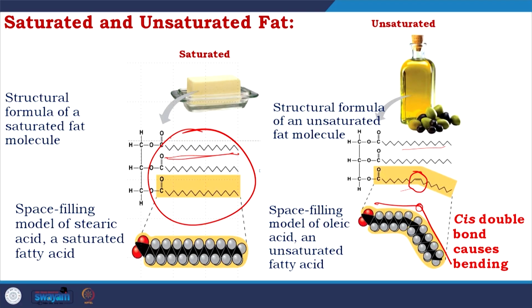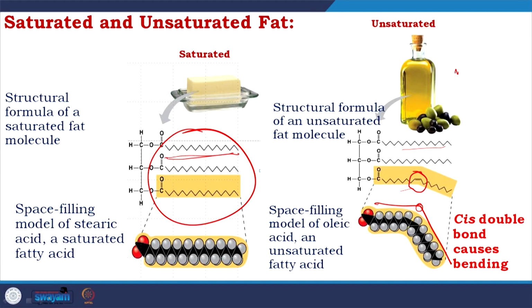As a result, from your practical experience, you will find that butter is solidified in most conditions, while olive oil is liquid at most temperatures, even if you keep it in the refrigerator. So, this cis double bond is very critical to define the nature of the fats.